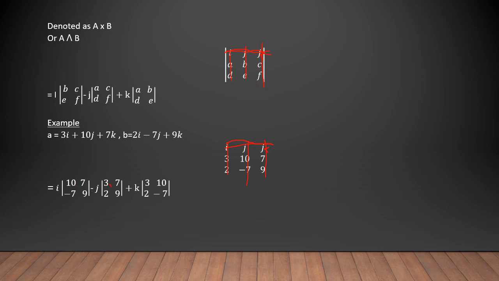That means you start from here, take this side minus this side, which is 3 times 9 minus this. We still go here, proceed, and then subtract. So we're going to have the answer 135i minus 13j minus 41k, and that is it.